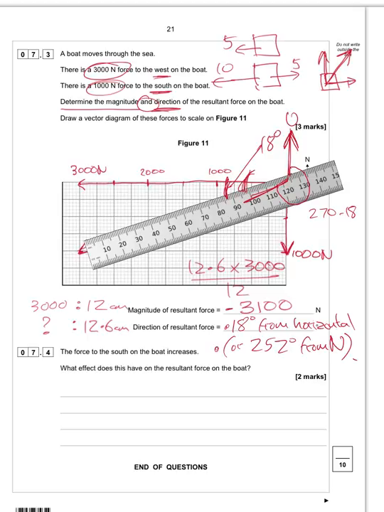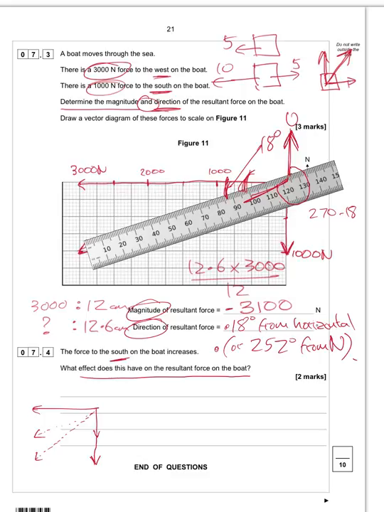So the next question: the force to the south of the boat increases. What effect does this have on the resultant force of the boat? So you need to talk about the magnitude and the direction. Okay, so if that is a scale diagram of what you had before, the resultant force being those two forces added together, if I increase the size of the force to the south, then my resultant force not only becomes longer, but it also is directed more to the south.